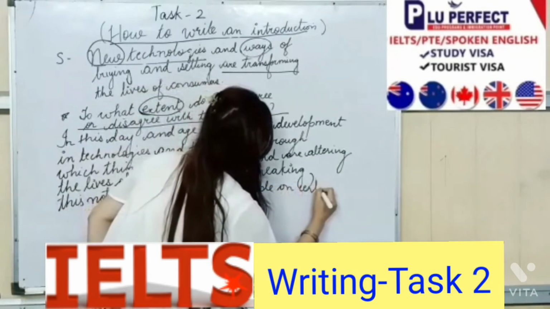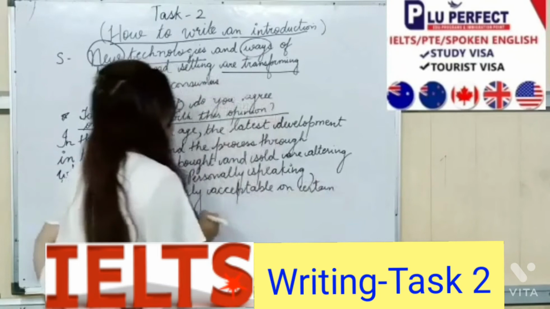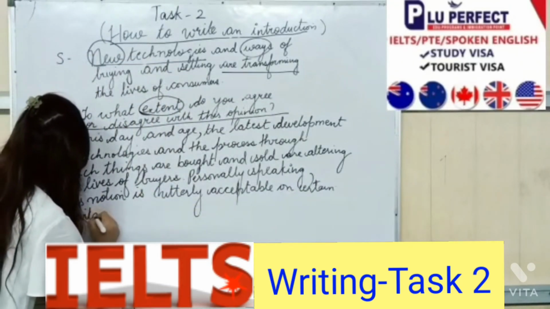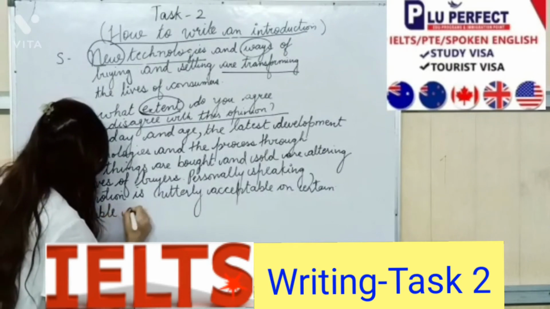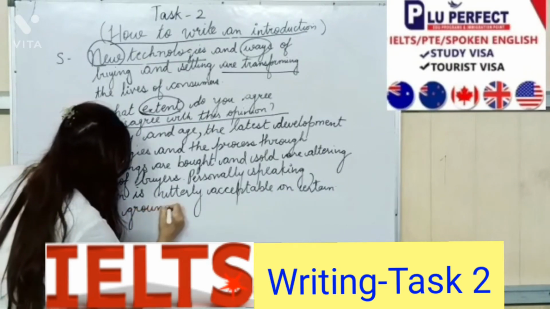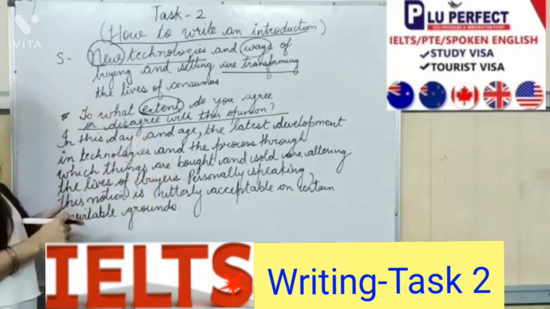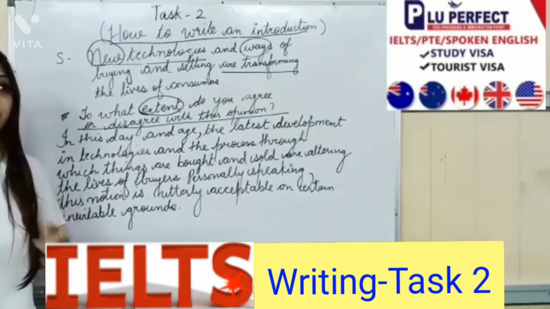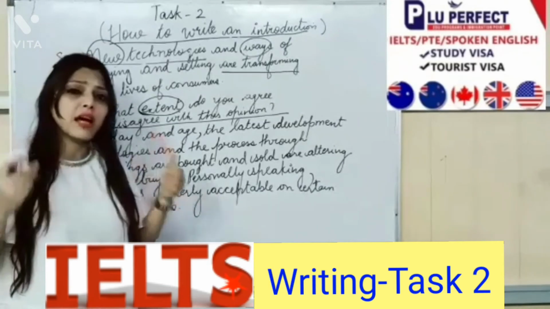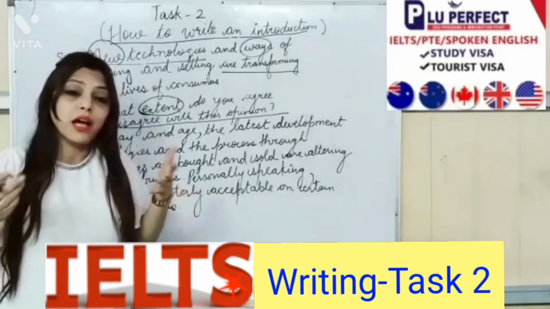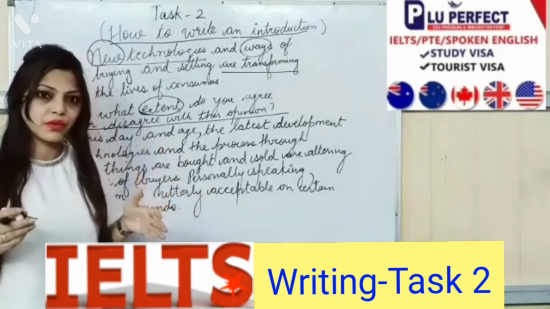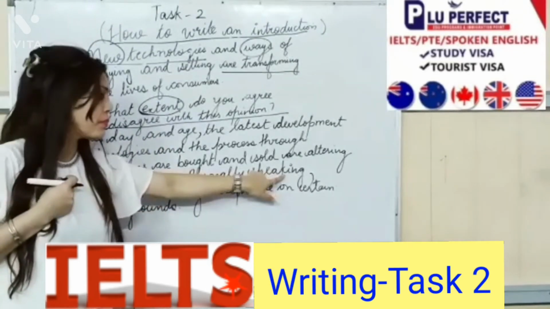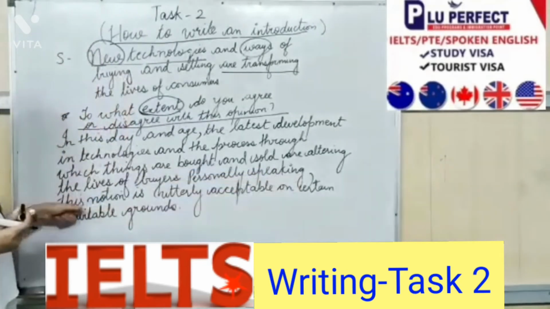on certain inevitable grounds. Now what do you mean by saying inevitable? Inevitable is something undeniable, something that you cannot deny and that is happening and that will happen or that happens. Okay? So, personally speaking, that means I am giving my opinion, then put a comma.